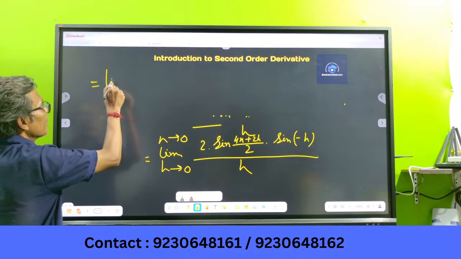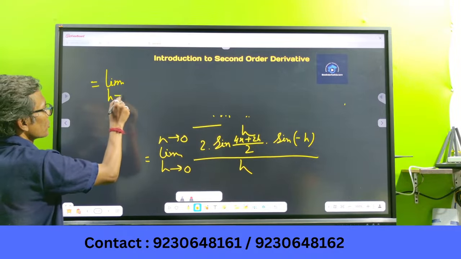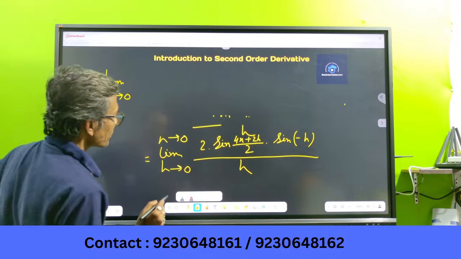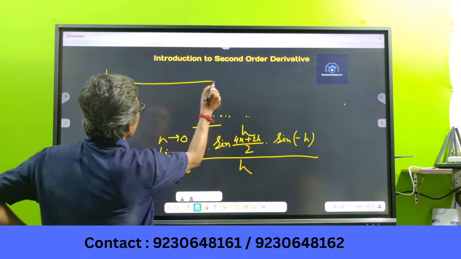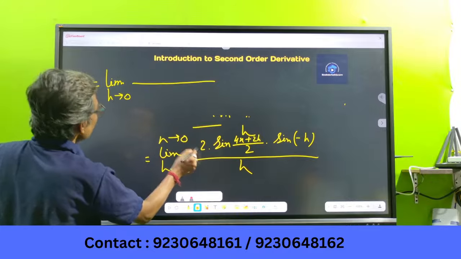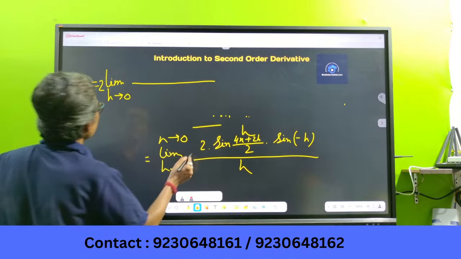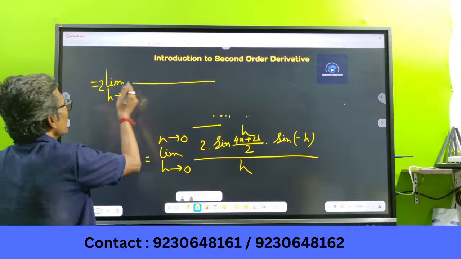So limit h tends to 0. 2 is a constant, so I am taking it before the limit.